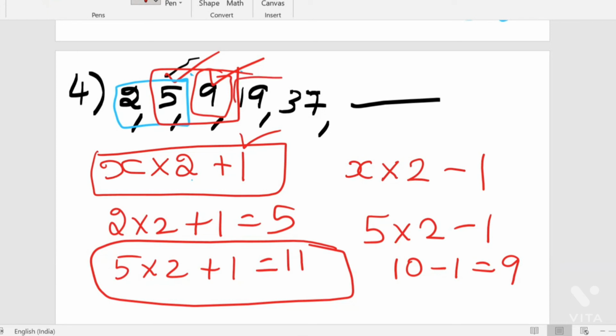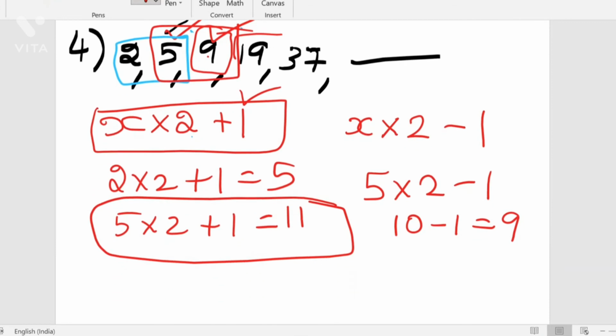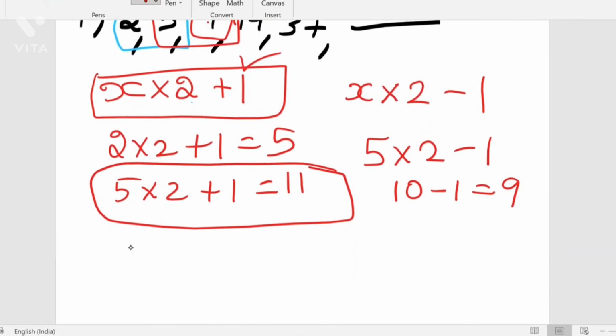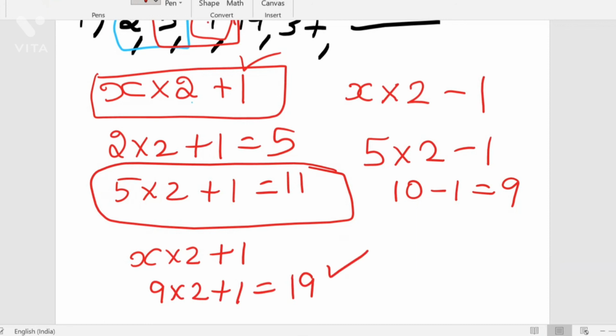Here 19 is the answer. 9 to 19 means we have to use x into 2. The last time we used x into 2 minus 1, so this time we have to use x into 2 plus 1. That is 9 into 2 plus 1. We are getting the answer 19. Correct, no?